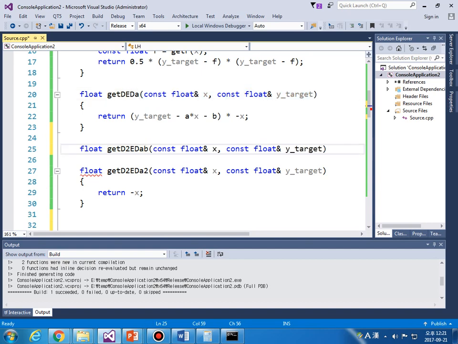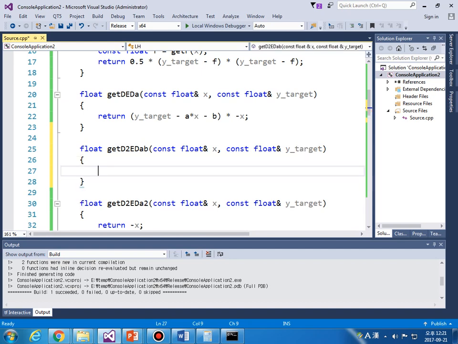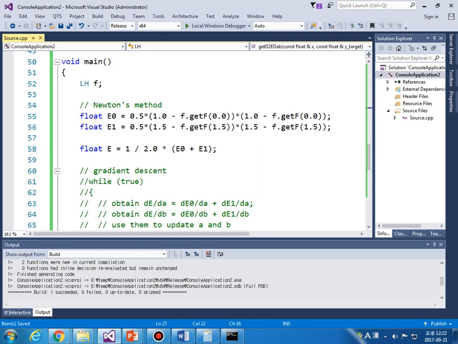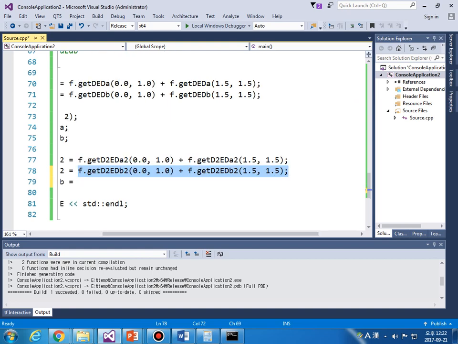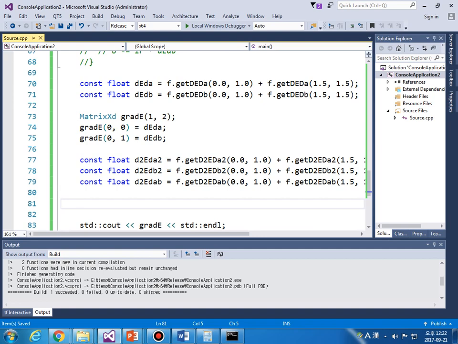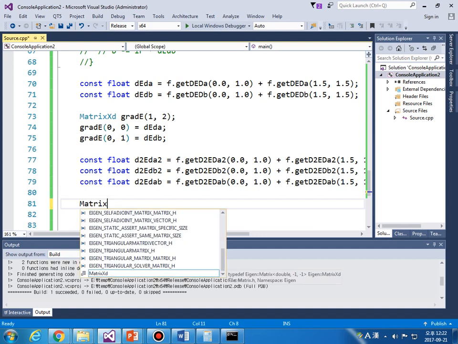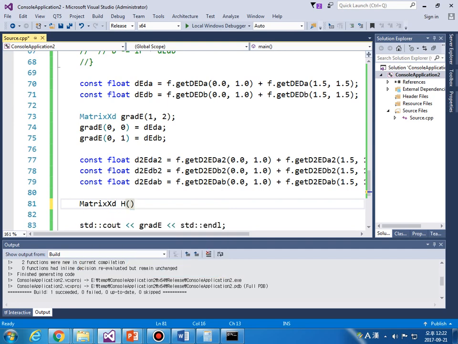So from this, we need to differentiate this one more time, and it's actually minus 1. Simple, so simple. So const float the 2EDAB is AB, right? Okay, let's define matrix XD Hessian 2.